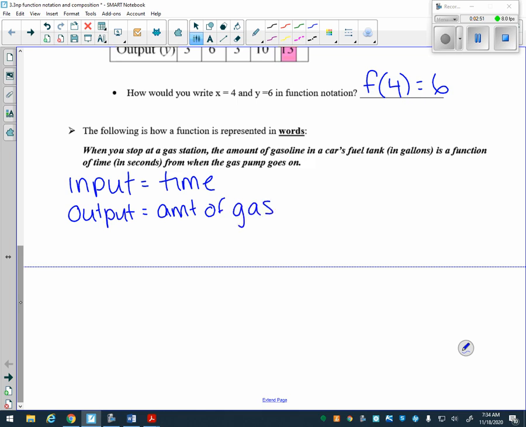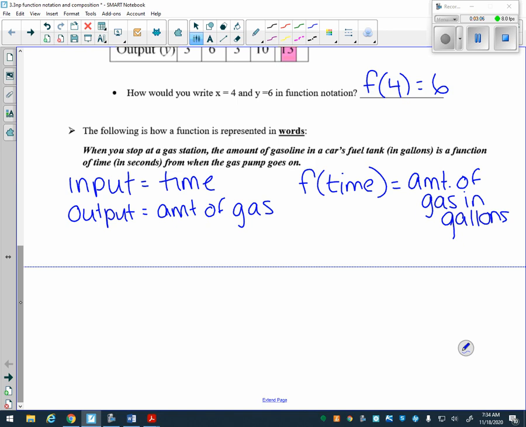So I would write this in function notation, f of time equals amount of gas in gallons.